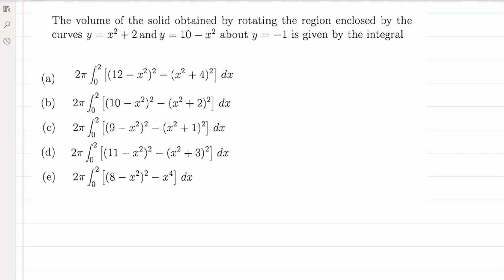Always, Shabab, I suggest for volume questions to graph the region. If you graph the region, it will be much easier, okay?